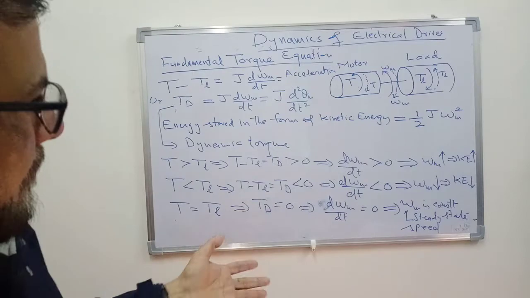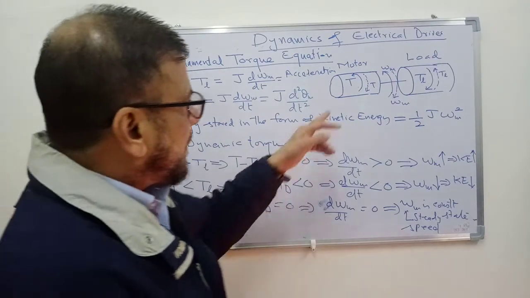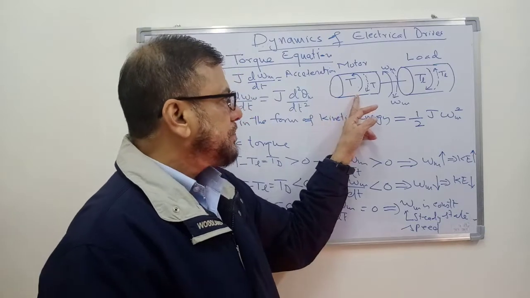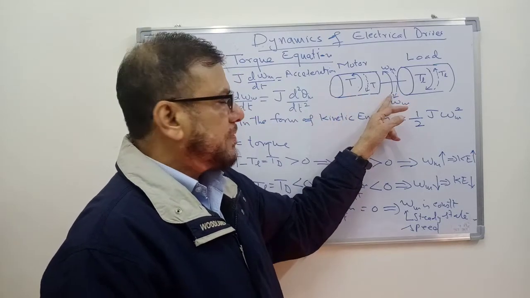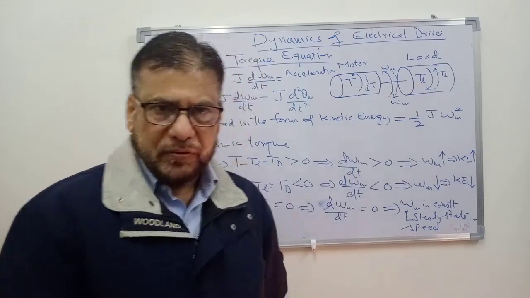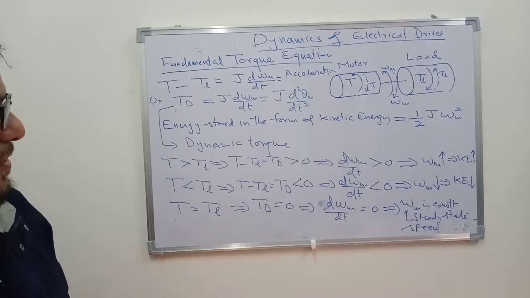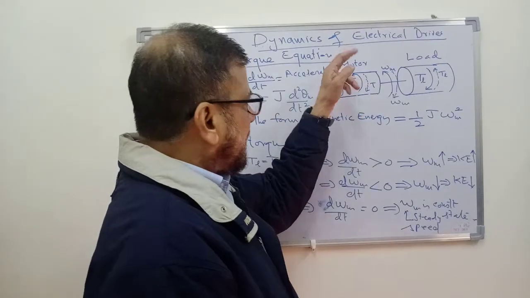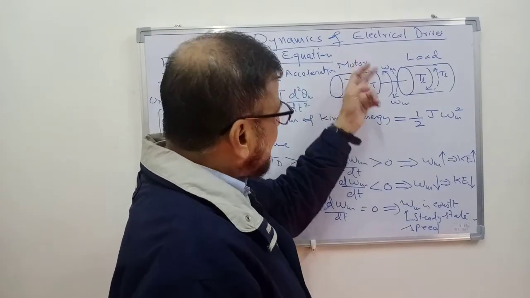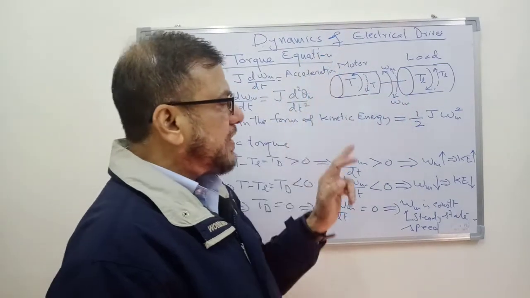So now we can have various conditions. Torque is positive, speed is positive, and the load torque is also positive. And sometimes you will have different situations. That is, the torque is in this direction but the speed is in the opposite direction. So torque is positive, speed is negative.